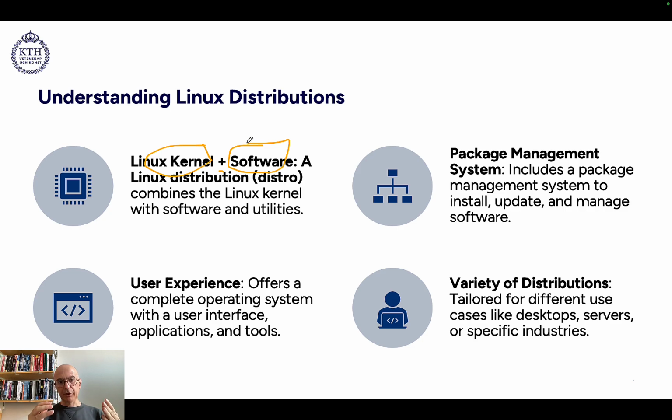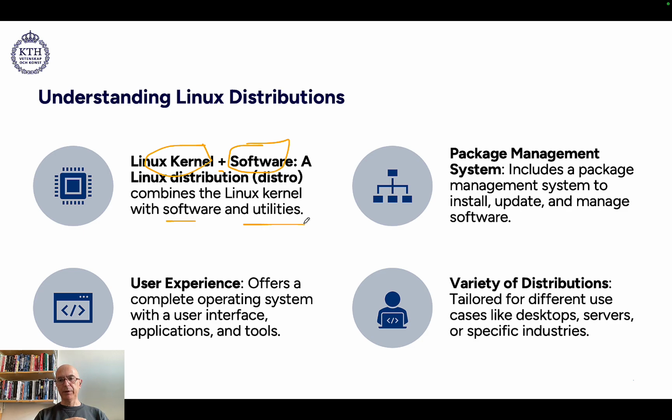We have the kernel plus a combination of additional software and utilities. A distro is also a complete operating system with a user interface, applications, and tools for interaction with the operating system. It also includes a package management system to install, update, and manage software.